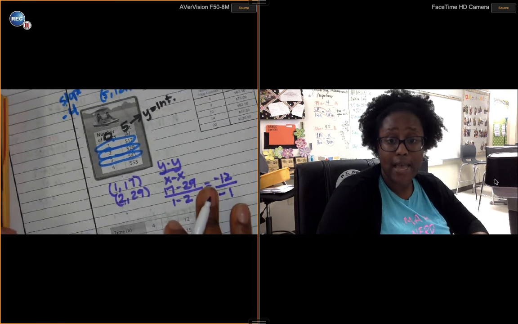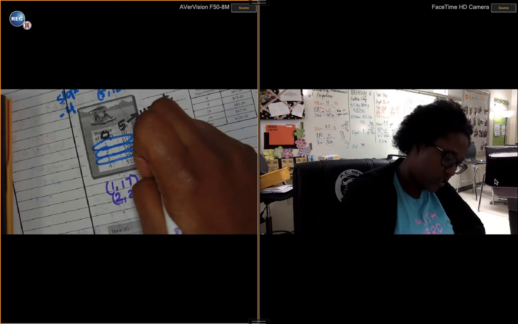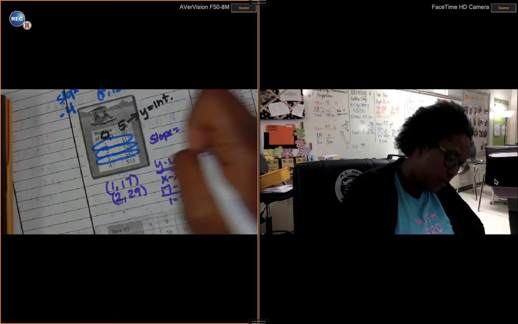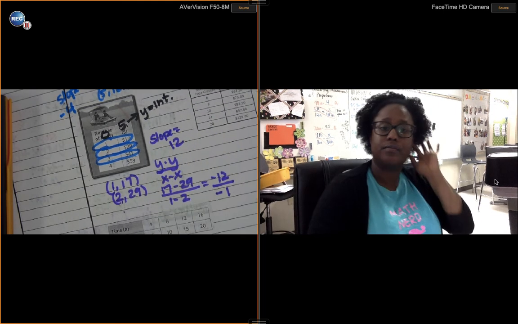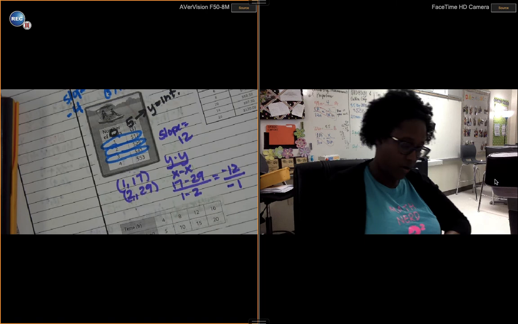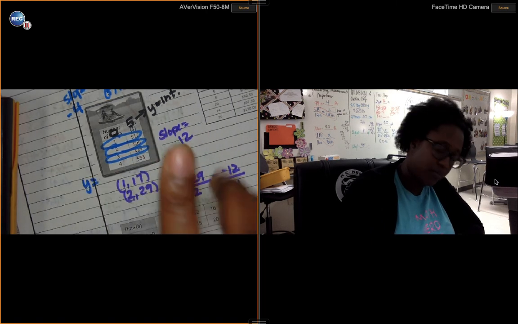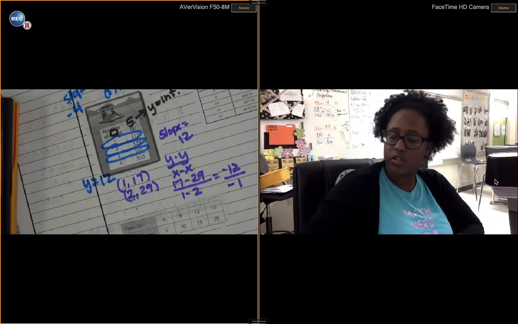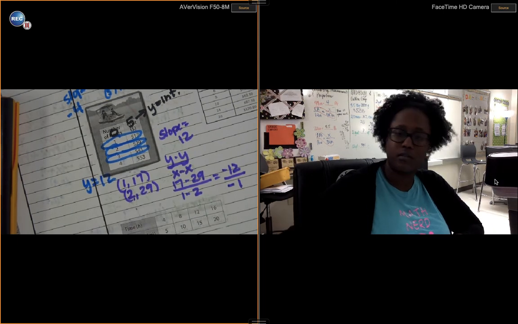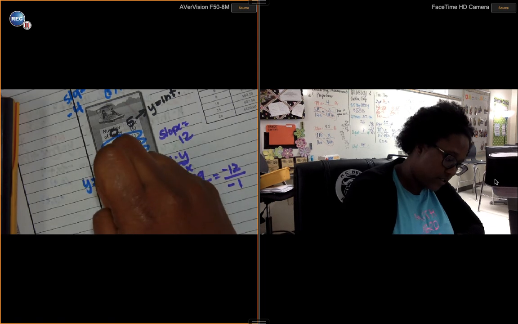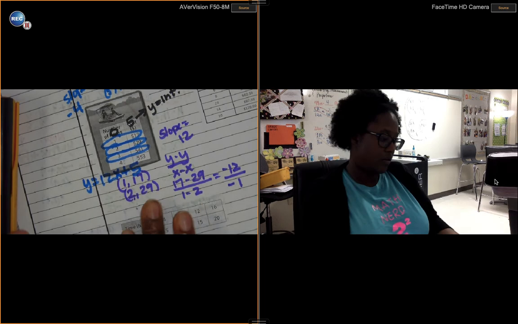They're both negatives. A negative divided by a negative is a positive. So my slope is going to be positive, and then 12 divided by 1 is 12. So my slope is 12. So if I wanted to write this as an equation, it would be y equals slope 12, just double checking, yes, 12x plus 5 to be my equation for that one.